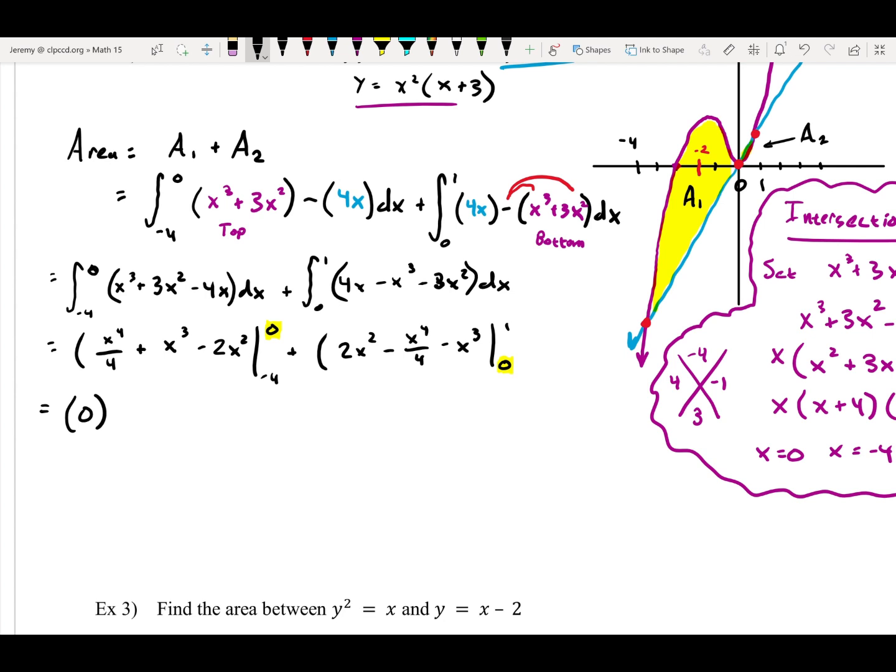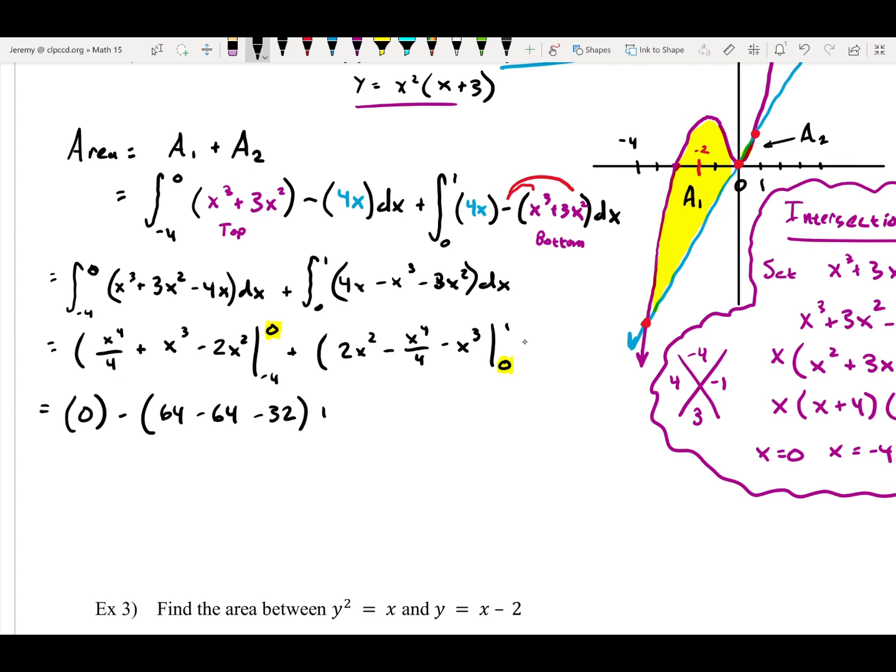This first term is just going to be 0, and then we'll subtract from that. Plugging in -4, we end up with 64 minus 64 minus 32. Okay, so that was just plugging -4 into this expression.